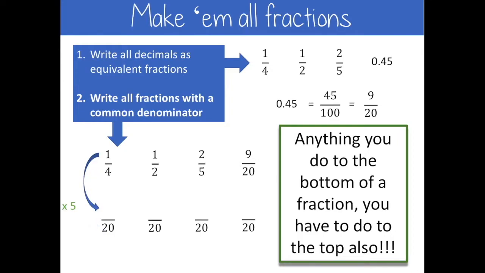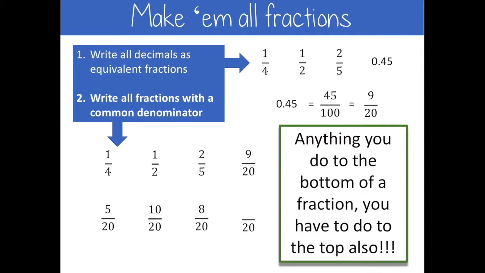1 times 5 is 5. Fantastic. Okay, next one. How do we get from 2 to 20? Well, you multiply by 10. So then 1 times 10 is 10. And the next one, to get from 5 to 20, we multiply by 4. So we do 2 times 4 as well, and we get 8.